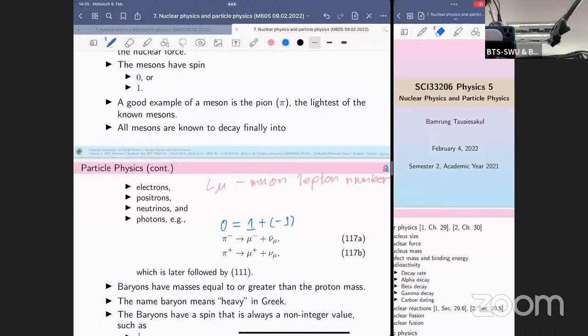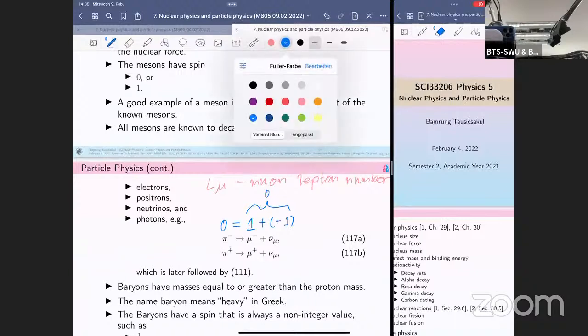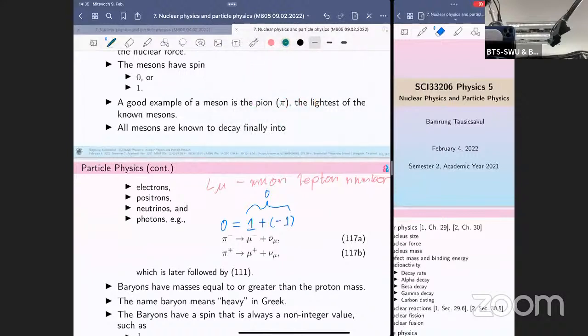So the summation on the right hand side is going to remain 0, and you have also 0 on the left hand side. For the other process, you start from the pion plus, which has zero muon lepton number.